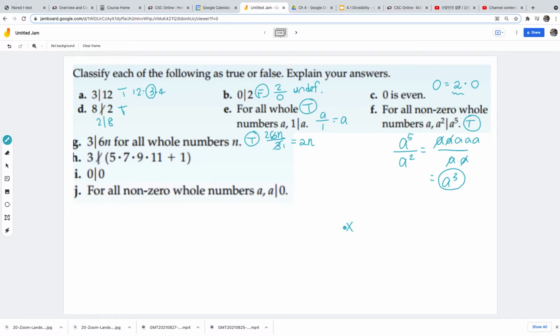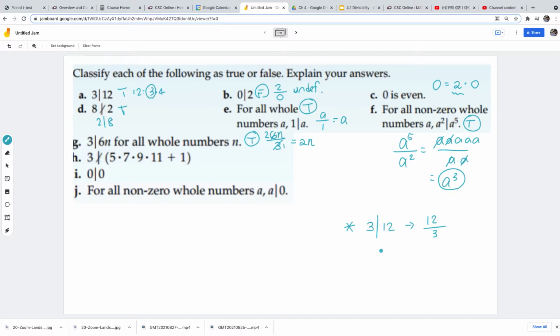Here, one thing you need to be careful about is this: 3 divides 12 is the same as 12 divided by 3, because 3 divides 12. Not 3 going up here in the fraction. That's different from the fraction notation.